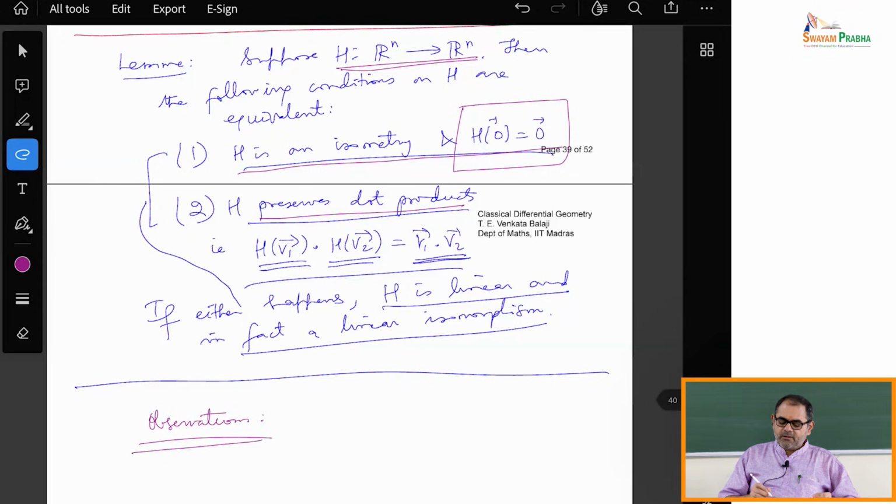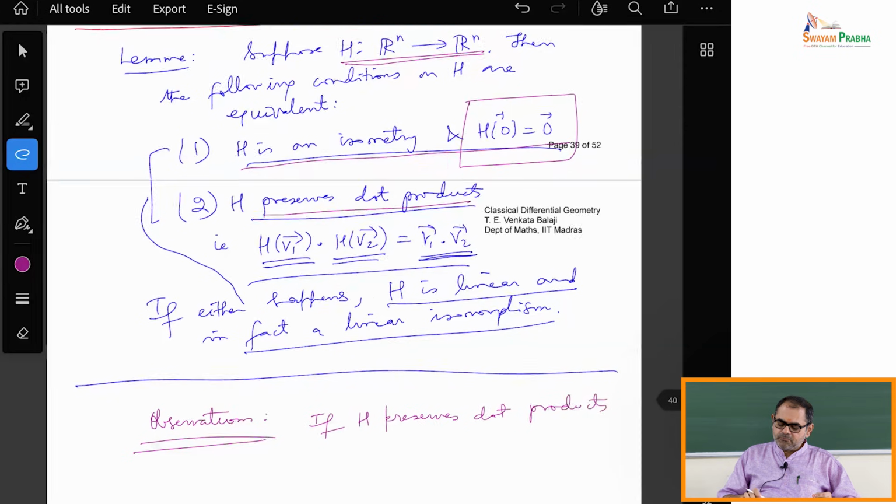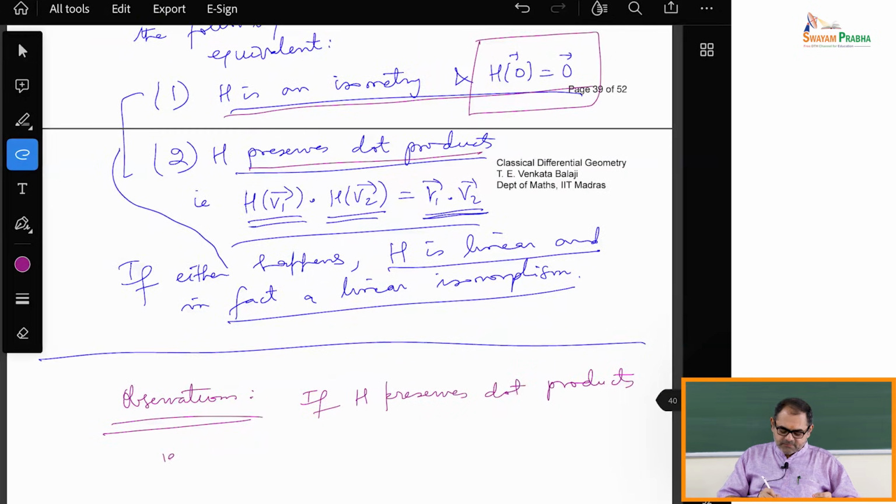Let us understand what happens if H preserves dot products, that is, H of V1 dot H of V2 is equal to V1 dot V2 for every V1, V2 in Rn.